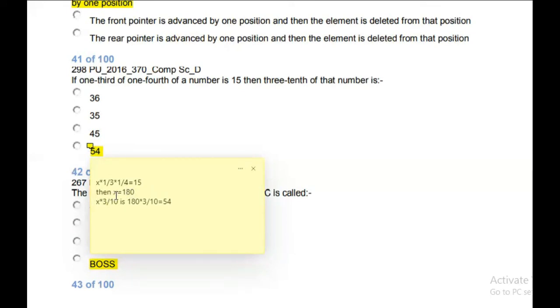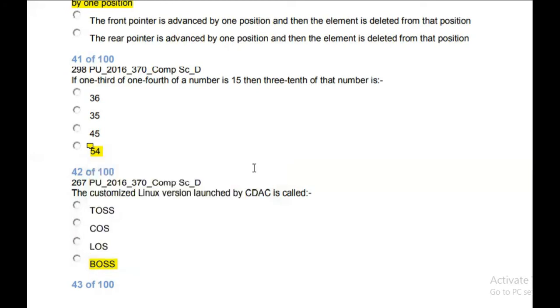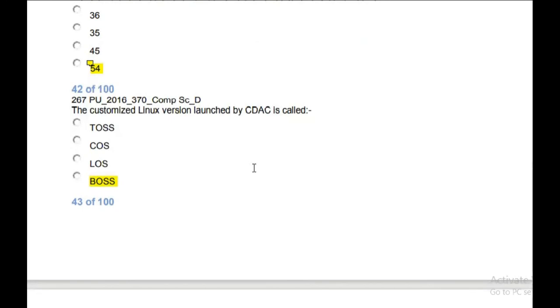Then 3/10 of that number is 180 into 3/10, which is equal to 54. Option D is correct. Next question, 42.